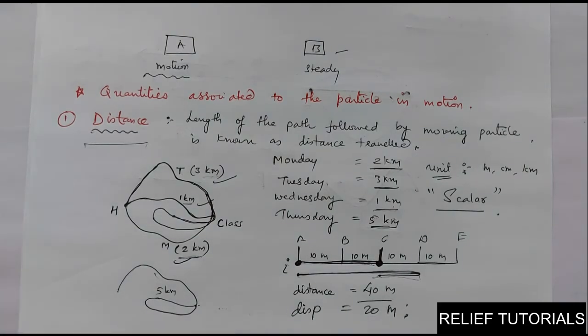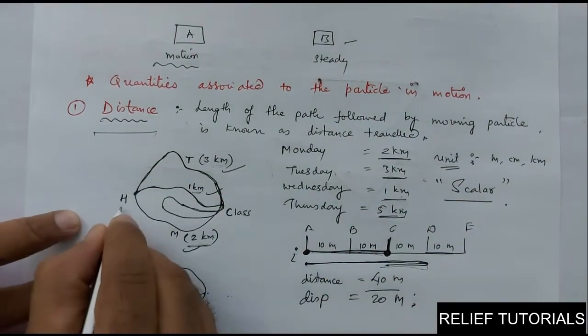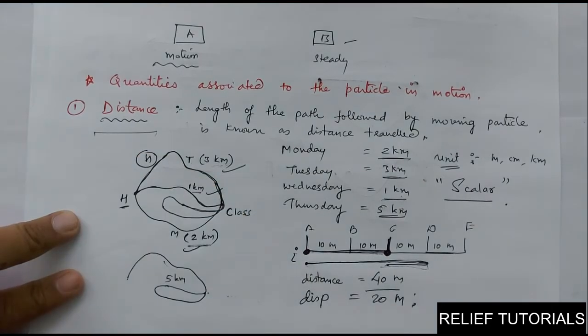Distance means length of the path. Length of the path never describes the straight distance between the two points. If I say in the classroom that I came here by covering 40 kilometer distance, 40 kilometer distance can be covered anyhow. For example, this is my home, here is your home and here is my home.